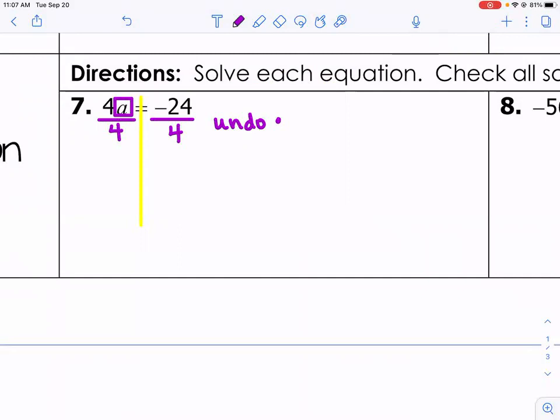Okay, so notice how 4 divided by 4, technically that's going to cancel out so that we're left with 1A equals, careful, what kind of 6? Negative 6. Don't forget that that 24 is negative, okay?